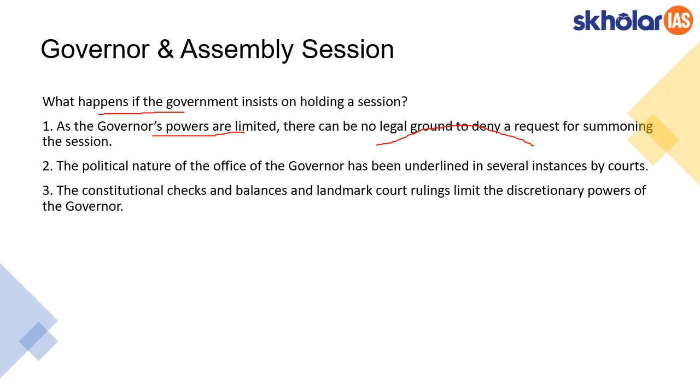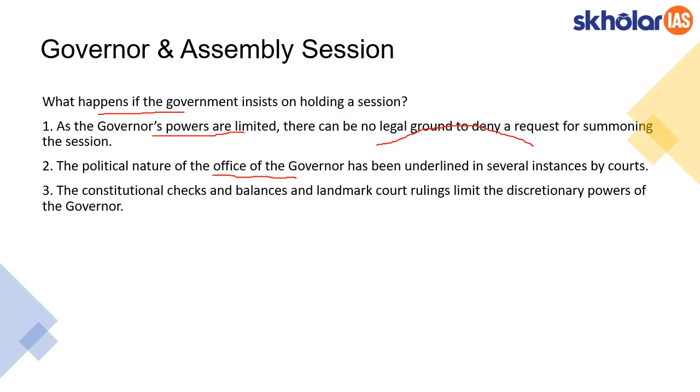And also the political nature of the office of governor has been clearly specified in many courts, which say that the governor acts as an executive that works basically on the aid and advice and nothing more than that. That is the position of the governor. It has been stressed in many court judgments.